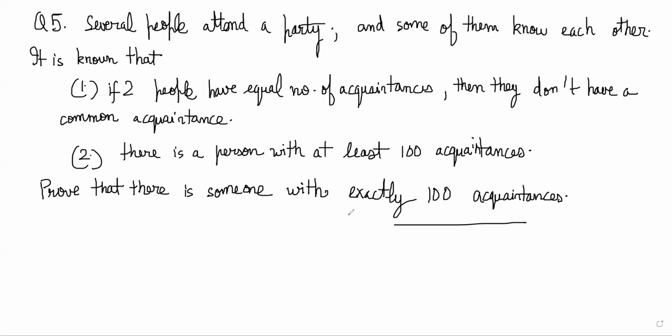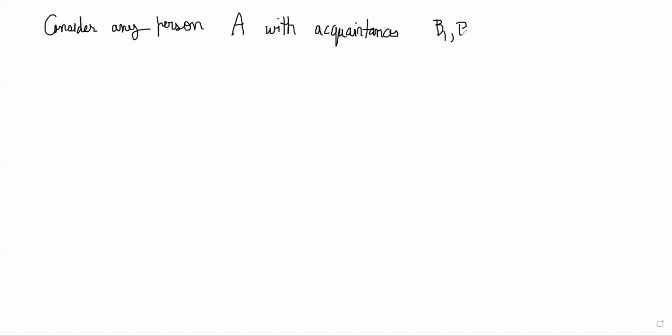Fine. So again, we are going to use the extreme principle here. So let's see how we do it. Consider any person A with acquaintances B1, B2 till Bn.